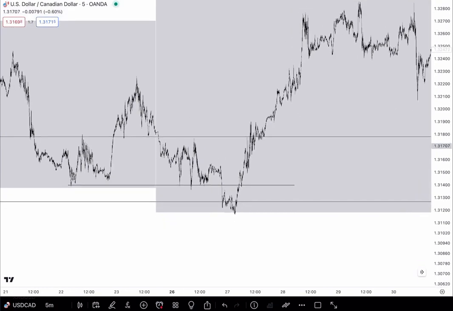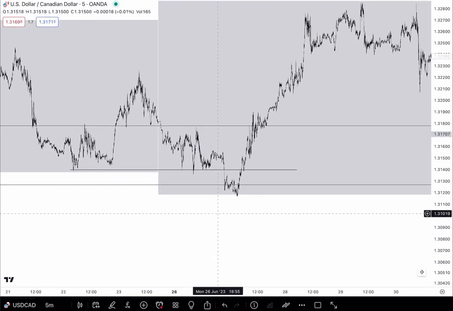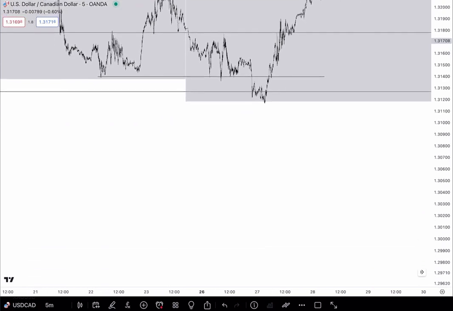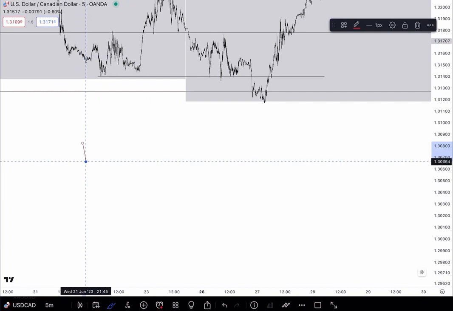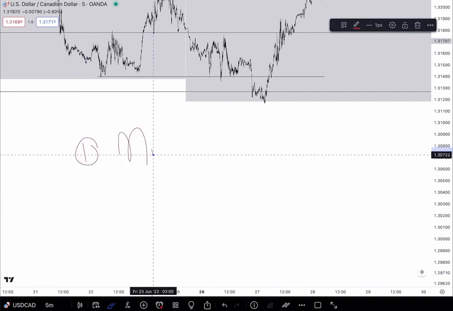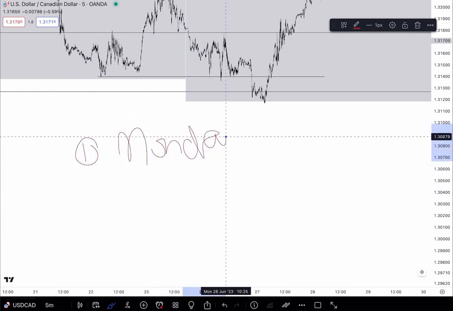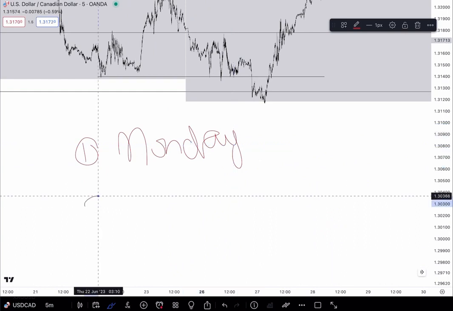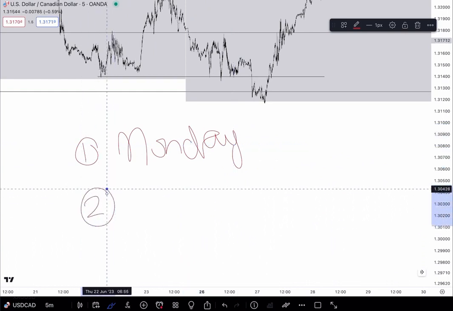So this brings us, of course, to the classic Monday range trade. What is a Monday high to low trade? Right? There's two very famous models, which everyone talks about, and nobody knows how to trade, which is the Monday range and the Asian range.